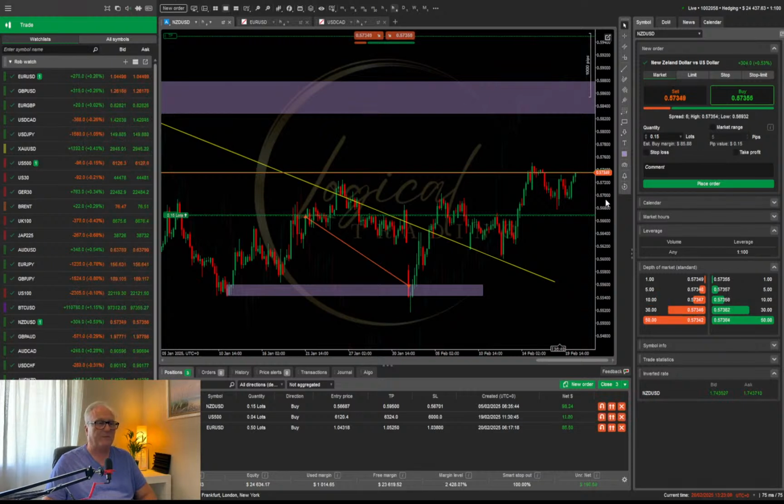Watch out for that. Don't get caught up in that. And it can also cause you to revenge trade or turn the trade around. And as you do that, it turns around and spikes back the other way. So just be very careful of that. And the spikes can be pretty long.